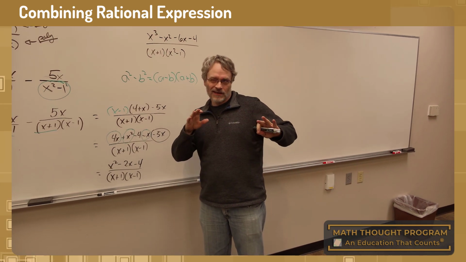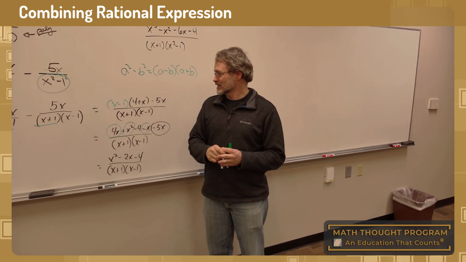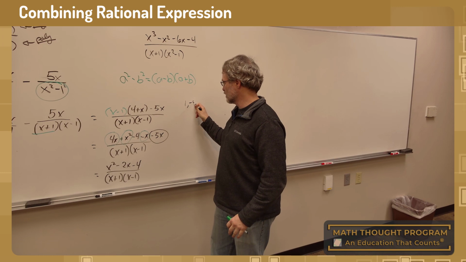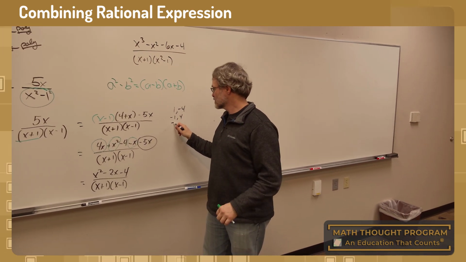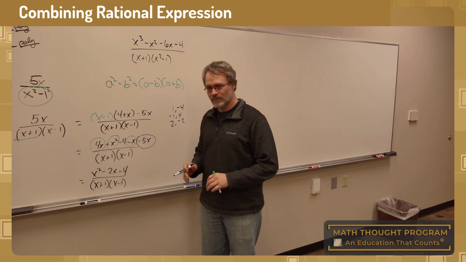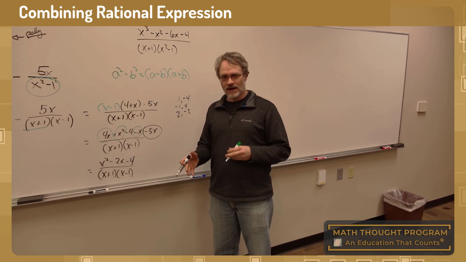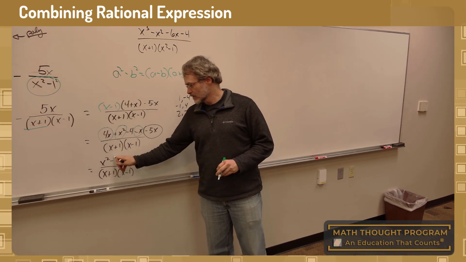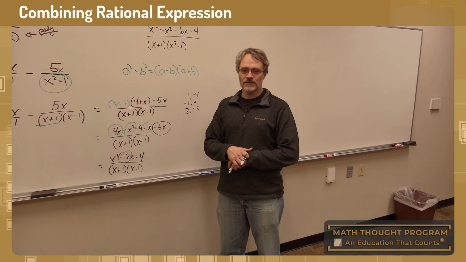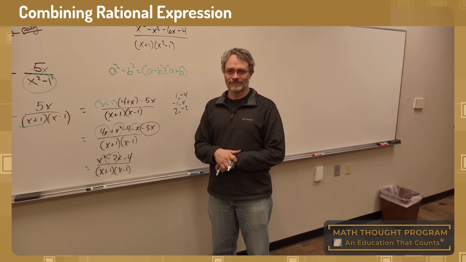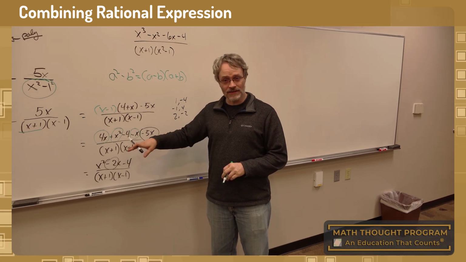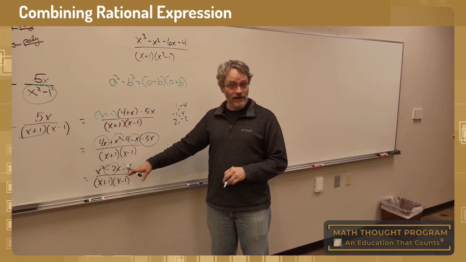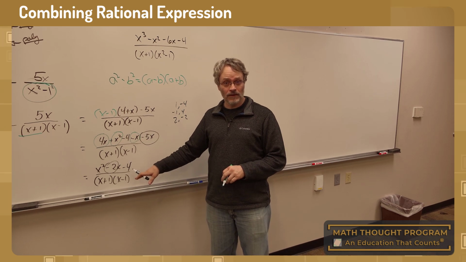For -4, the factors consist of 1 and -4, or -1 and 4, or 2 and -2. But do any of these factors sum up to a value of -2? No. So we're considering that a prime polynomial. We can't factor it anymore.